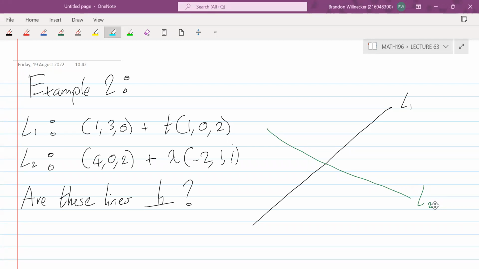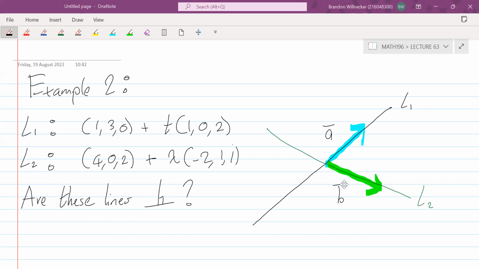Okay, so let's say there's a vector along L1 that looks like this. And there's a vector along L2, and it might look like that. Okay, if we've got this vector along L1, let's call it A. And the vector along L2, let's call that B. If the dot product between them is 0, then we know that the lines are perpendicular to each other.